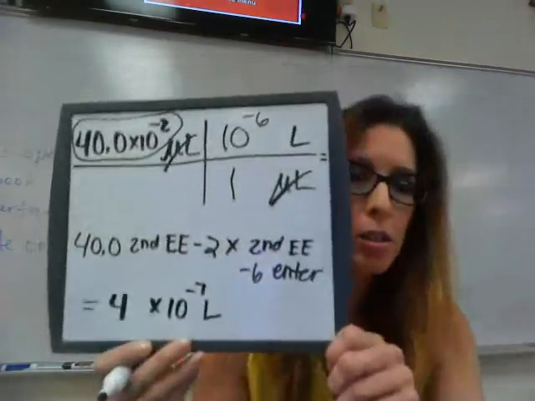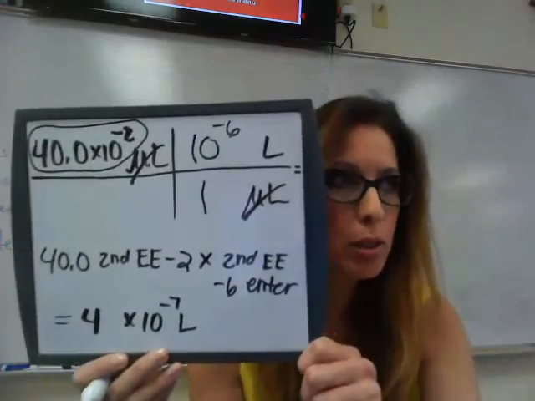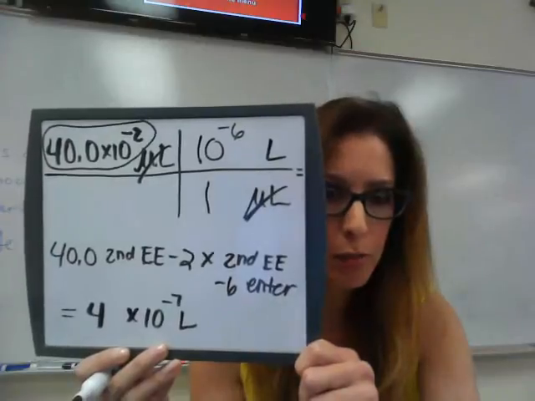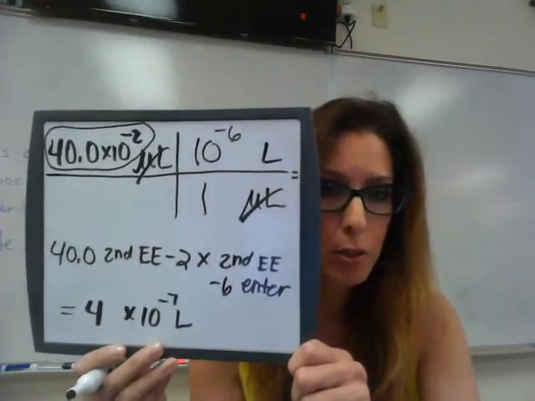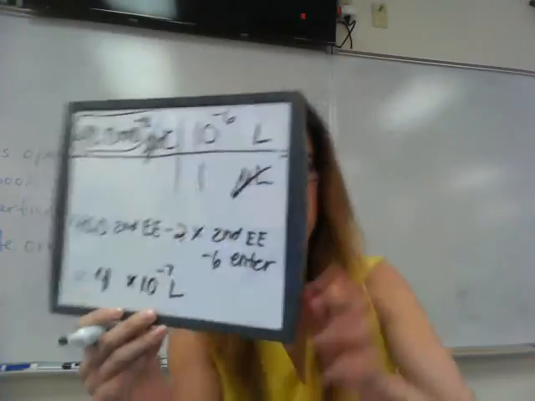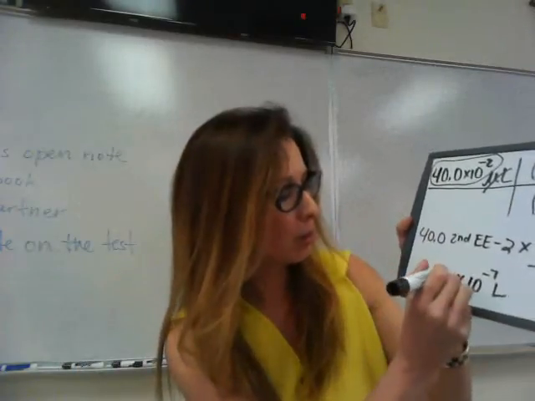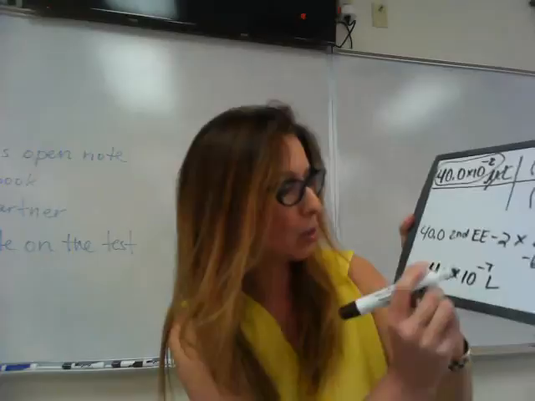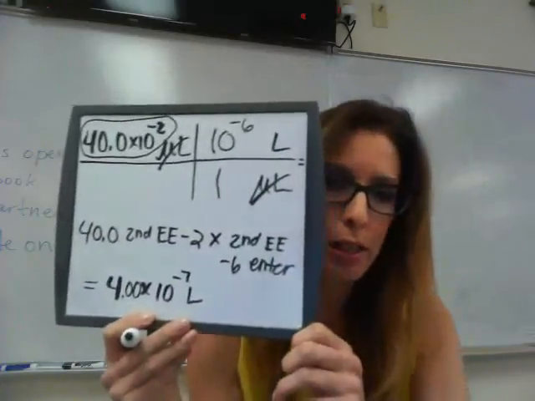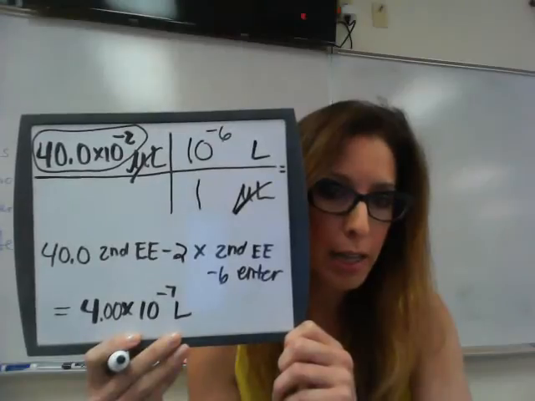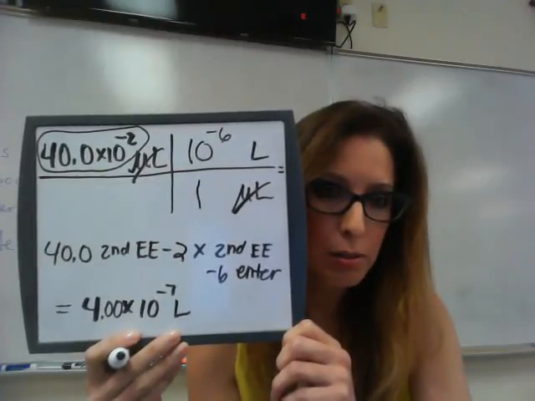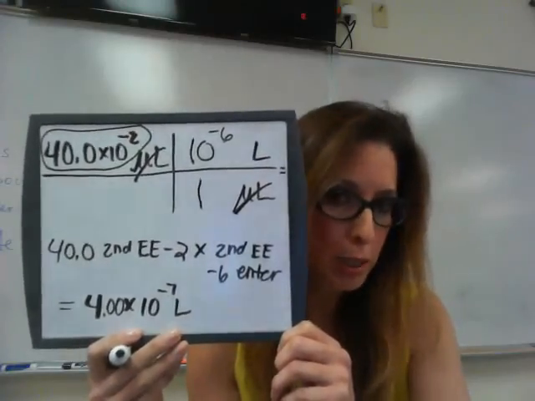But look at how many sig figs you started with at the very beginning. You started with 3. 40.0 is 3 sig figs. When there's a decimal somewhere, the zeros on the end will be significant. So that means you have to write this as 4.00 times 10 to the negative 7 liters. Otherwise, it's wrong, because now my sig figs correspond to the sig figs I started with.